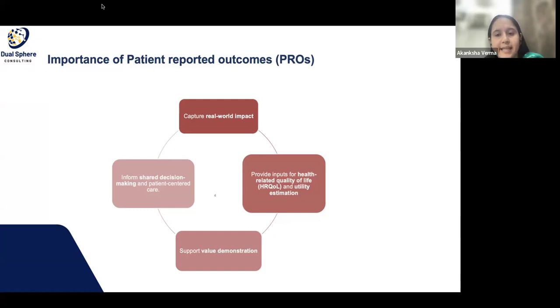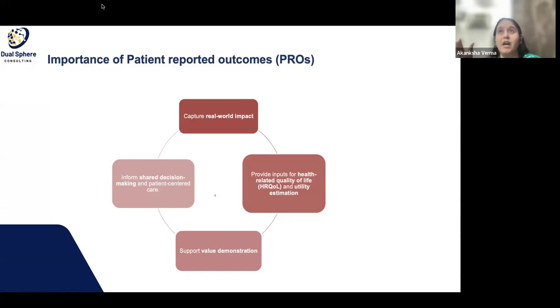Then second, it provides inputs for health related quality of life and utility estimation. In health economic evaluations, you need these inputs with respect to the humanistic burden and quality of life, which are then used to estimate the utility values used in the cost effectiveness analysis, which we have talked about in our previous sections.